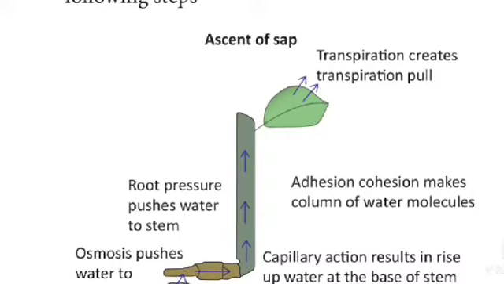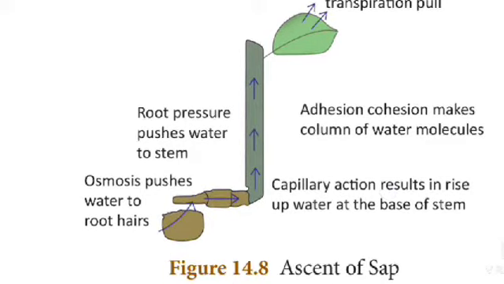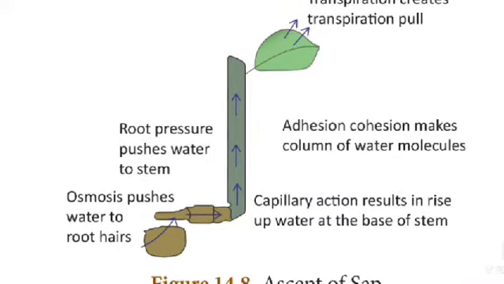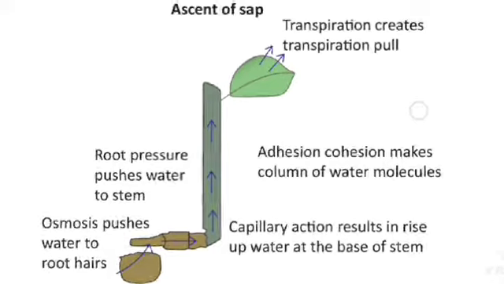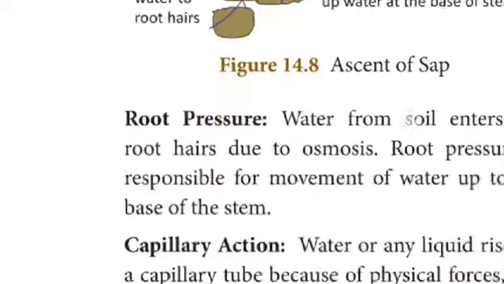One, osmosis pushes water into root hairs. Capillary action results in rising of water at the base of the stem. Root pressure pushes water into the stem. Adhesion and cohesion make a column of water molecules. Transpiration pull in leaves.